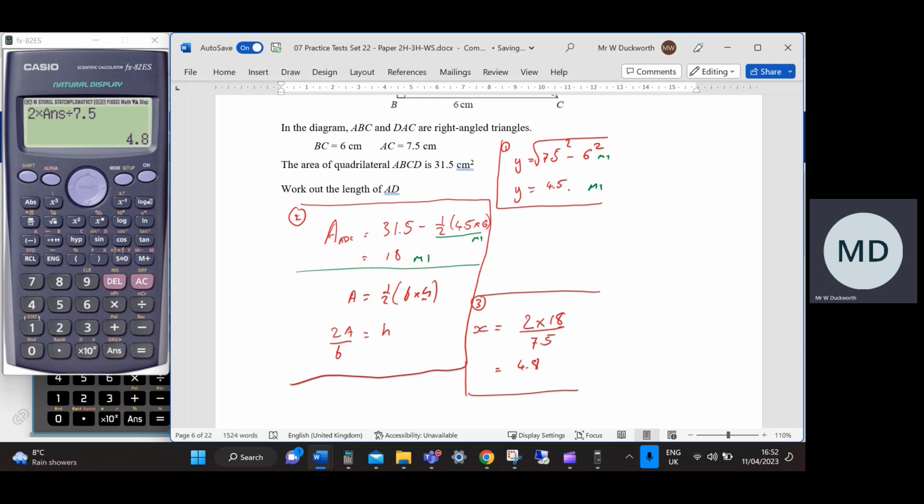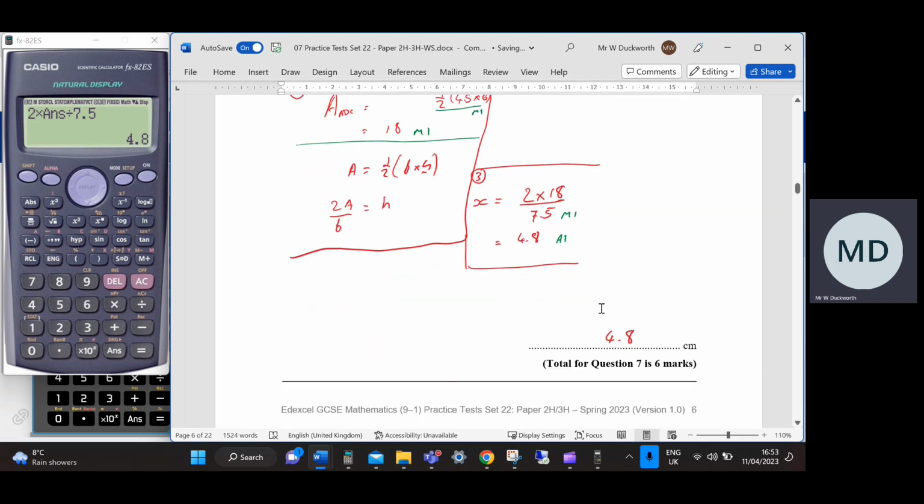And then M1 for complete method to find AD. So that's my method. Okay, and I'm going to just relabel that A1. 1, 2, 3, 4, 5, 6. Yeah, that's right. We'll put the A1 there on the answer line.